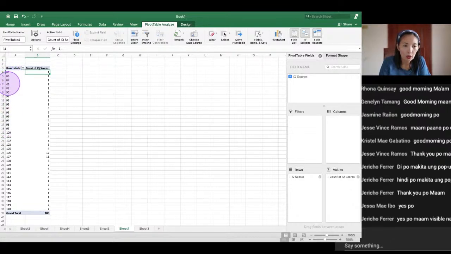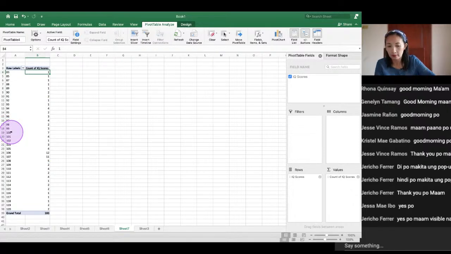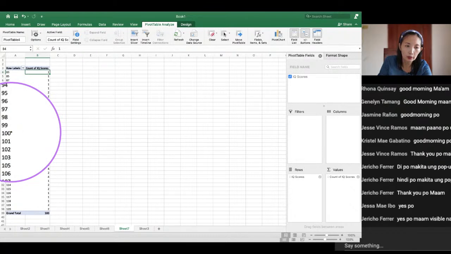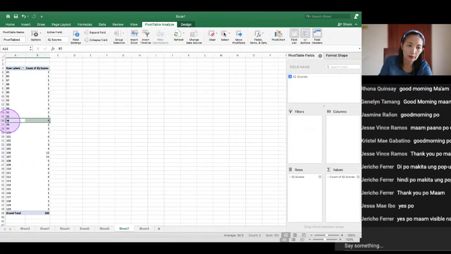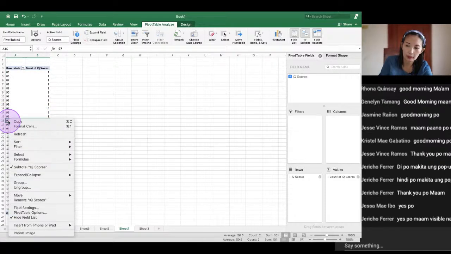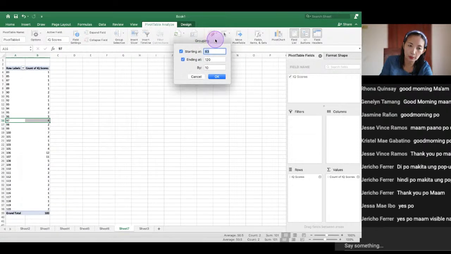So, along the row labels, click on any value, right click on it, and choose group.